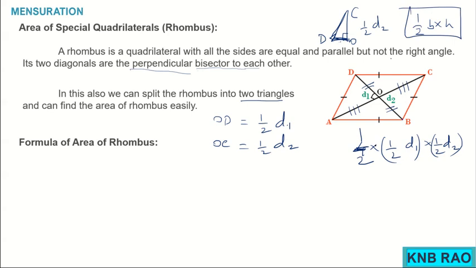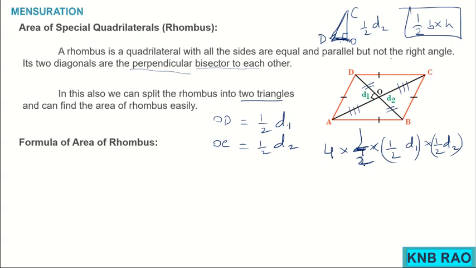So, I got one more half taken. Now, into 4 times. Why did I take 4 times? Because there are 4 congruent right triangles. Congruent triangles have equal area. So, after finding the area of the right triangle OCD, I multiplied it 4 times.